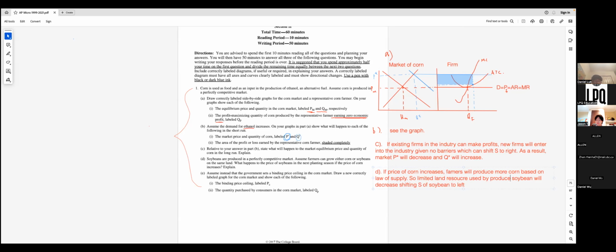Sorry, by producing. Did I spell everything right? Soybeans will decrease, okay, which can shift the supply for soybean to the left.